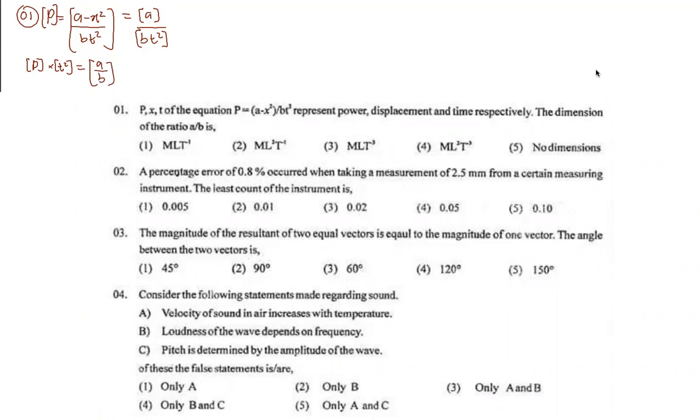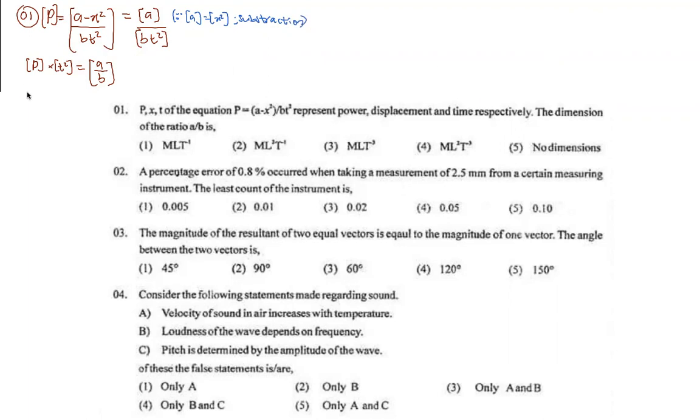This is how you have to do this question without making it complicated. X doesn't have to be considered, because dimension of a and dimension of x squared should be equal. What's the reason? Subtraction. When you subtract two quantities, you can consider that their dimensions are same. Right. So this is it.